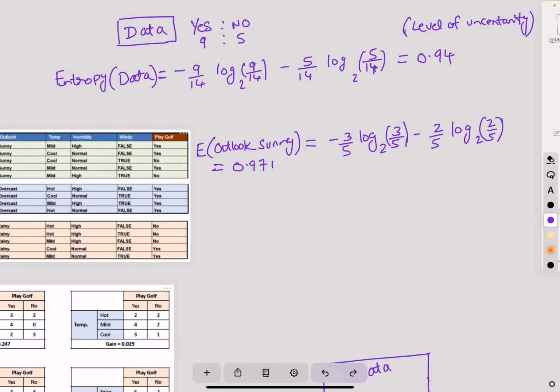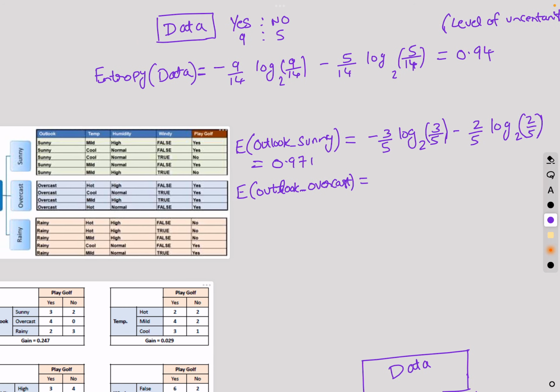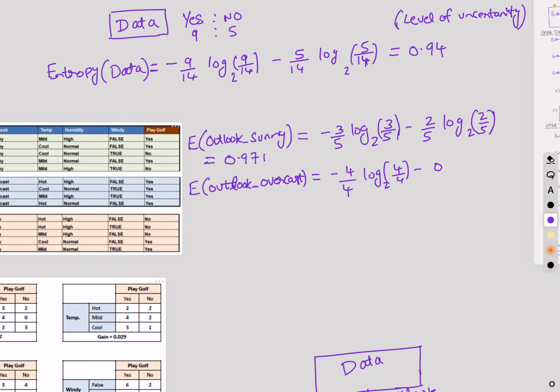Let me find the entropy of the data that belongs to the Outlook_overcast subset. I have 4 records here and all 4 belong to yes, which means I have minus 4 by 4 into log 4 by 4 to the base 2, and 0 records belong to class no, so 0 by 4 into log of 0 by 4 to the base 2.